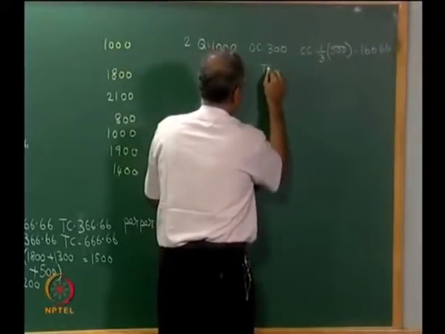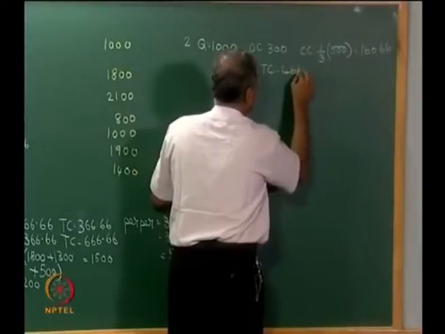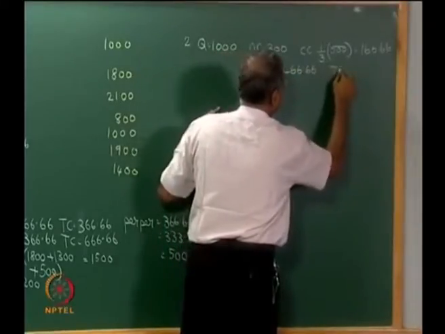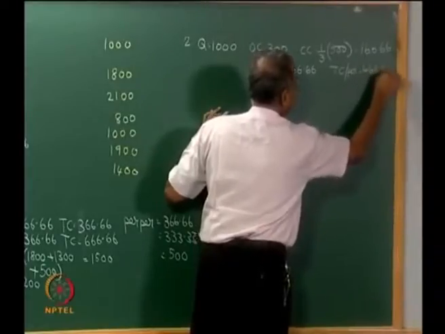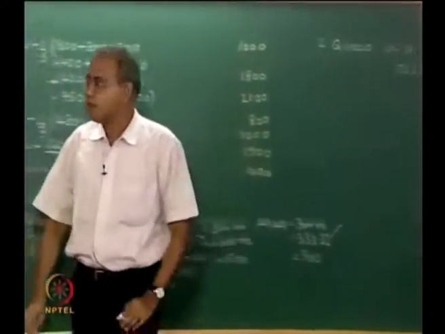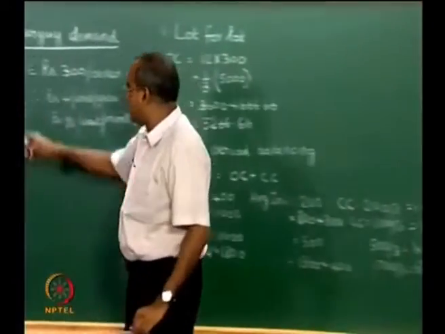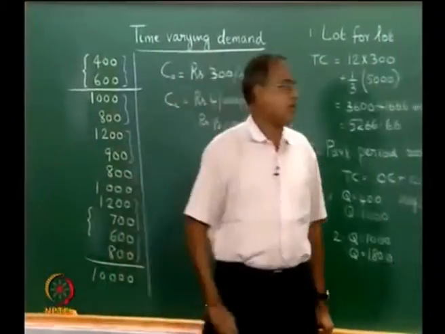So, TC is equal to 466.66 and TC per period is equal to 466.66. Now, in silver meal we try and combine this 1000 and 800 together.